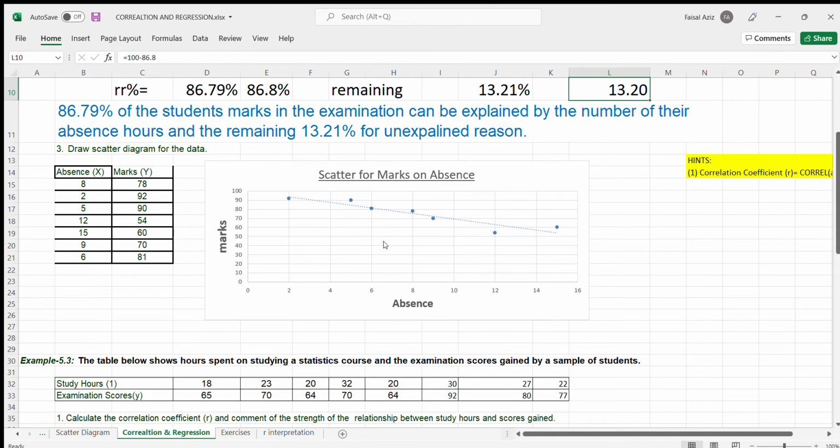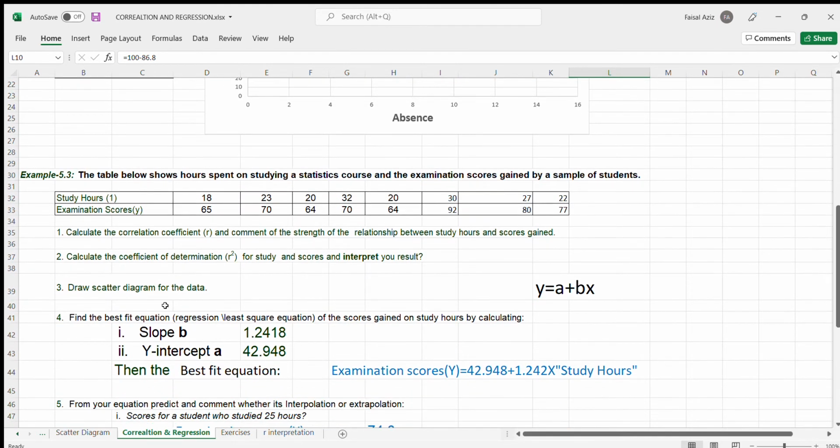Let's have a look at this example. We have here study hours and examination scores. So it means that study hours is an independent variable and examination score is the dependent variable, because if somebody studies more, it will affect the exam score of that particular student.